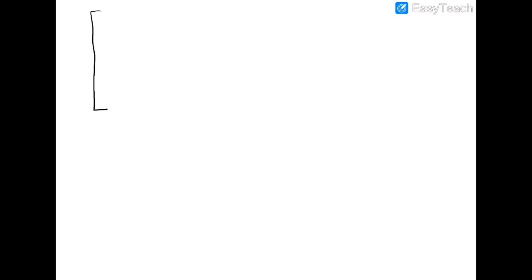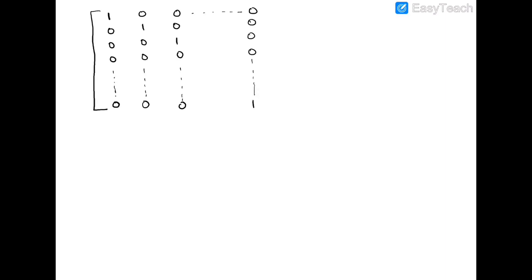So consider a matrix of the type with 1, 0, 0, 0 in the first row, and so on, down to the last row 0, 0, 0, 0, 1.